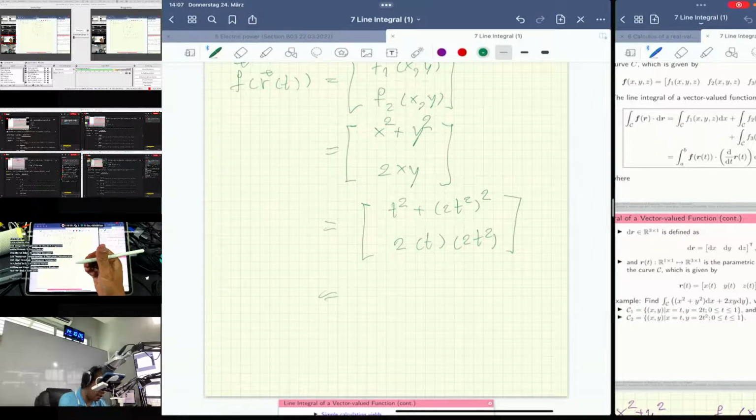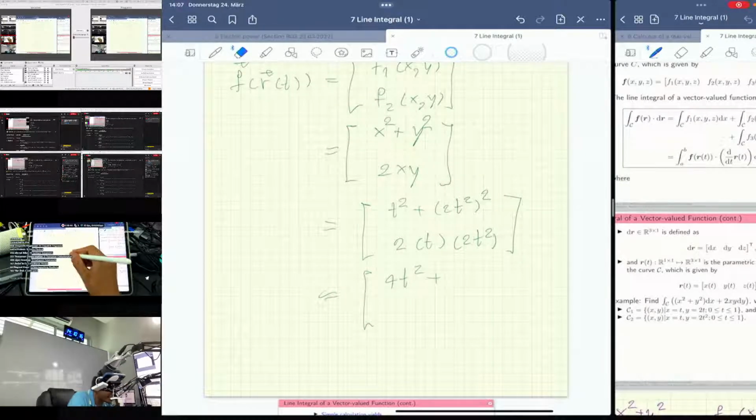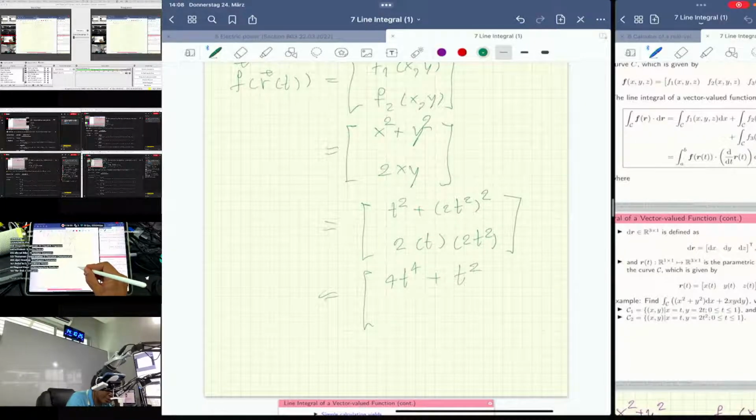And we have here 4t squared plus 4t with the power of 4, and plus t squared, and this term will be 4t with the power of 3, right?